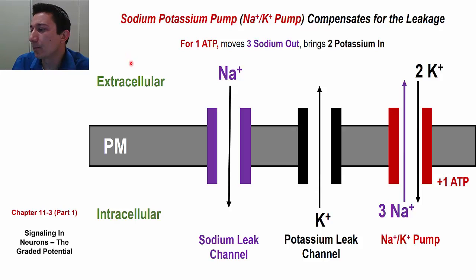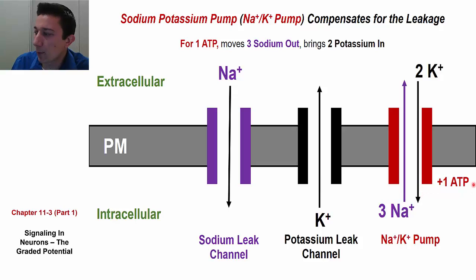to enter the cell. And recall also that these leak channels, if we didn't have something to keep the concentrations of sodium and potassium at their high levels on the inside or outside of the cell, we wouldn't get this leakage. But we have a membrane protein called the sodium-potassium pump, or the Na-K pump, that compensates for the fact that diffusion of sodium and potassium is occurring across the membrane. Right?